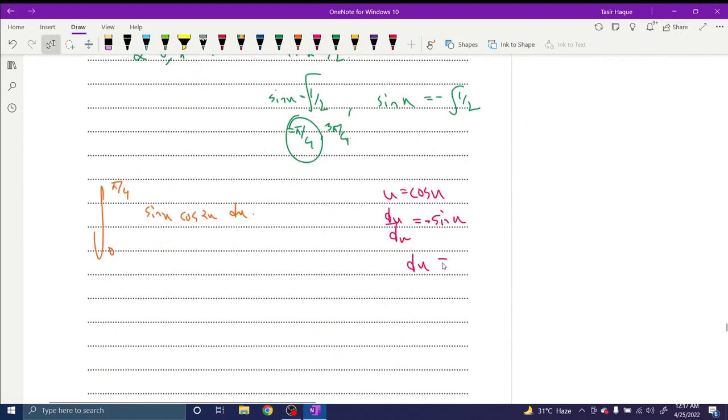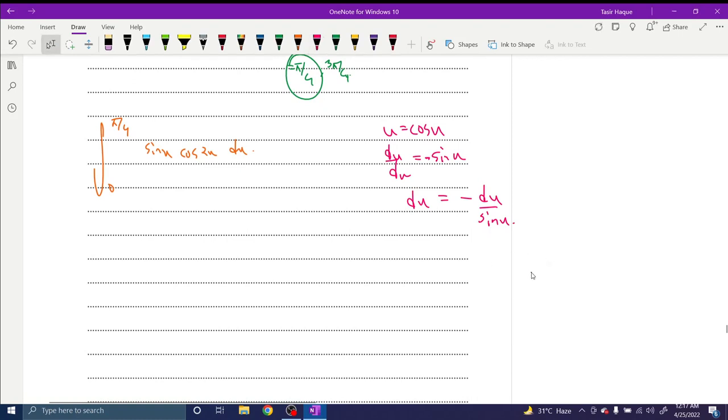So dx equals minus du by sine x. Now let's also find out the limits. We know that u is equal to cos x. The upper limit is going to be u is equal to cos pi by 4. That's root 2 by 2. What about the lower limit? u is equal to cos 0. That's just 1. Okay, so these are our new limits.